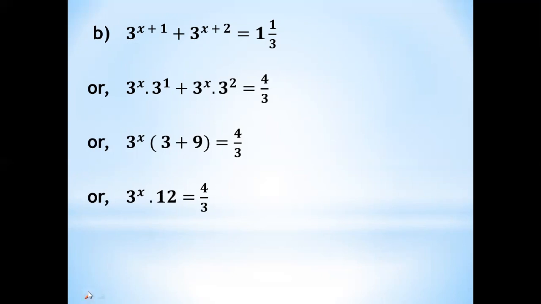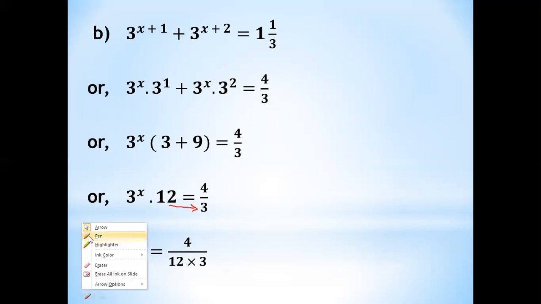Now, as we have discussed in the previous question also, this 12 will come down to the right hand side to divide 4 by 3. So that means 3 to the power x equals 4 by 12 times 3. If you see these things precisely here, this 4 and 12 can be cancelled easily, isn't it? 4 ones are 4, 4 threes are 12.